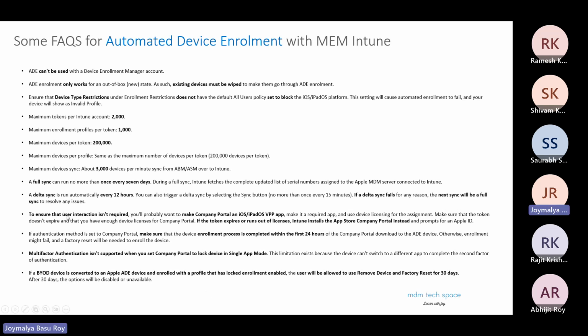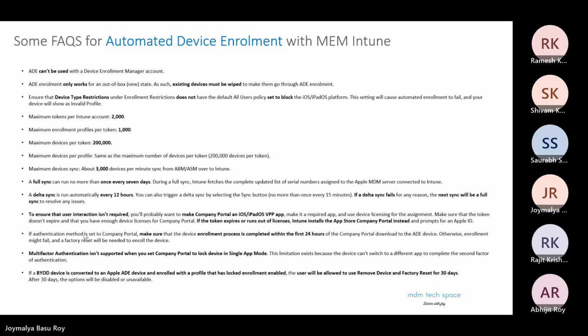To ensure that user interaction isn't required, you will probably want to make Company Portal as a VPP application available as a required app, so that users do not get prompts for the Apple ID.